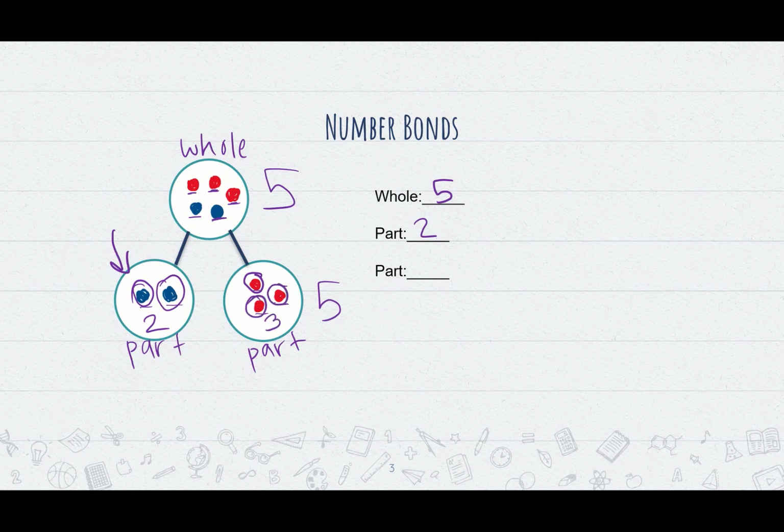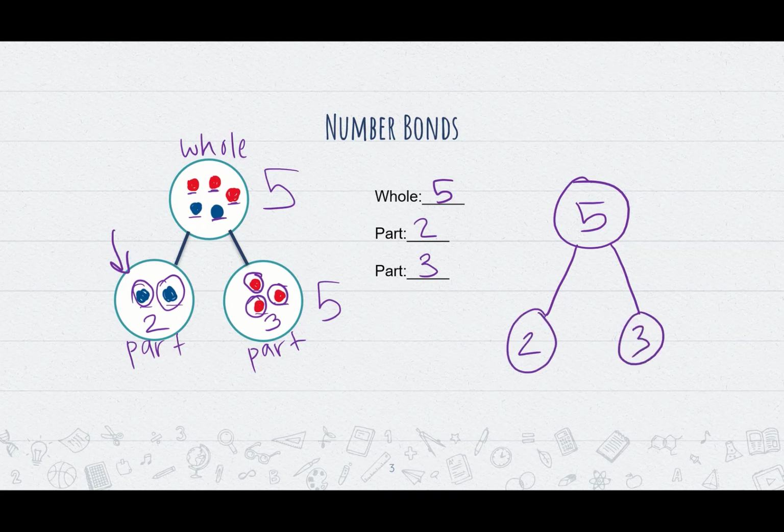So this part has 3. So in this number bond, our whole has 5, and the 2 parts that it breaks into are 2 and 3. So when you have 5, you can break it up into 2 parts. So say we broke it up right here. We separate those 2 parts, and we have one side that has 2 and one side that has 3.